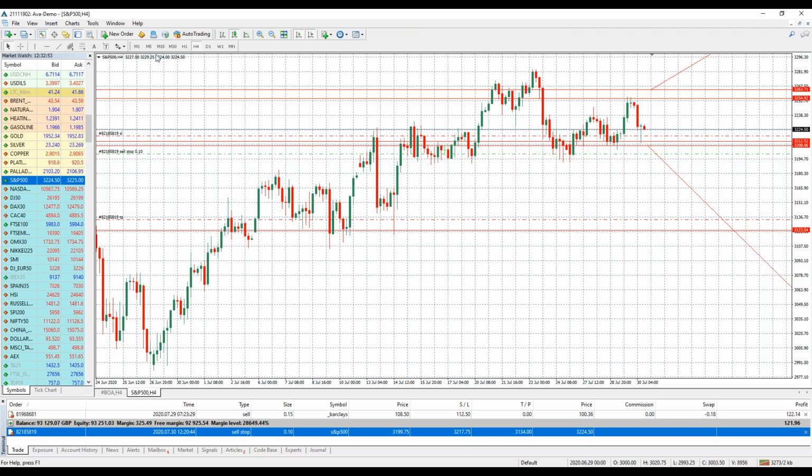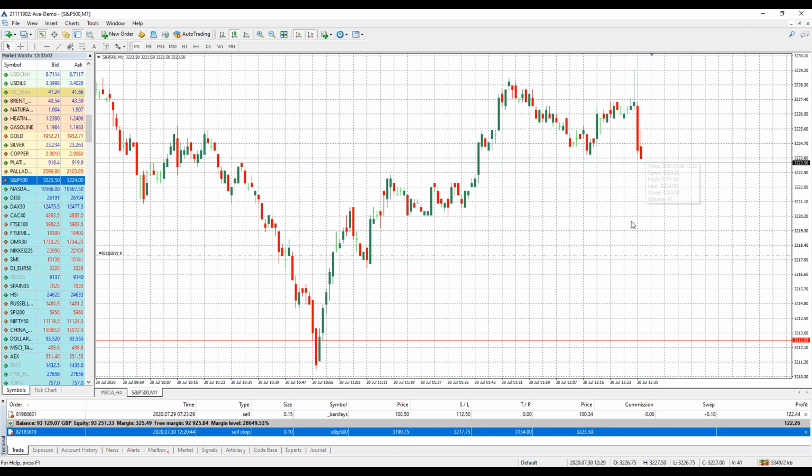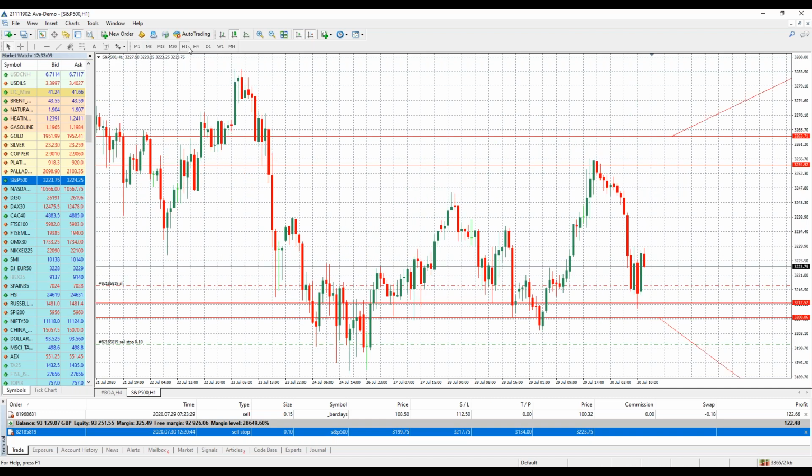Initially, if we look on the S&P 500, we see a push down. In order to get in on our trade, it's got to drop to our entry point, which is way down here, 31.98, right?